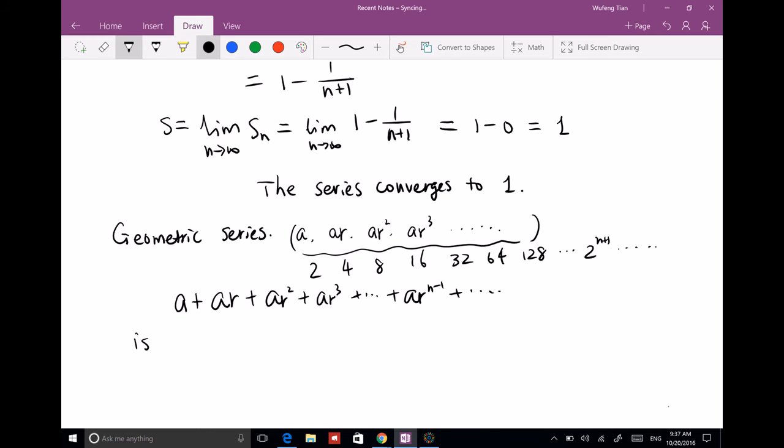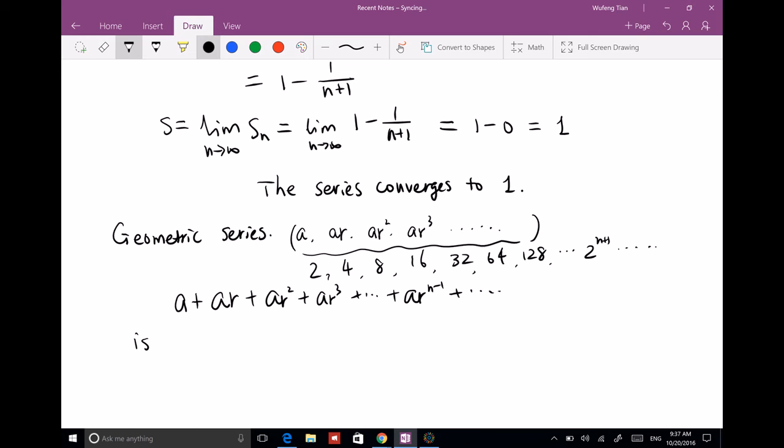The sequence is just one by one, and the series is adding all of them together.